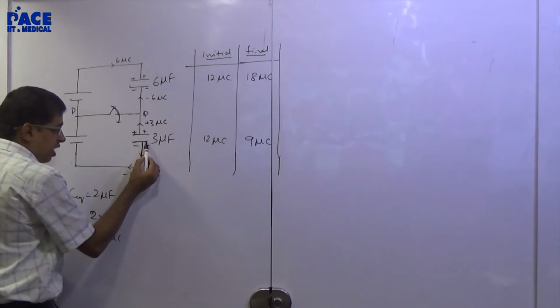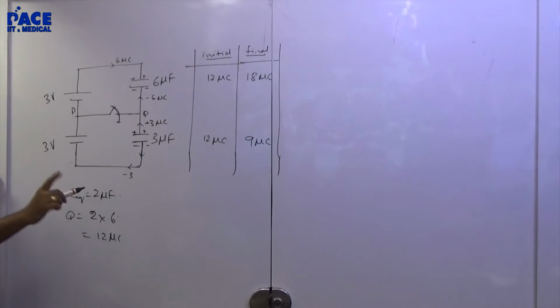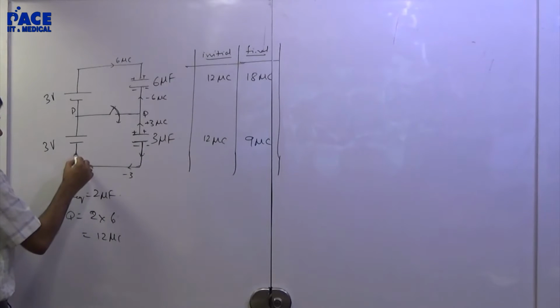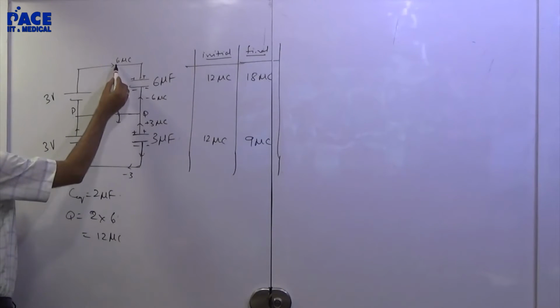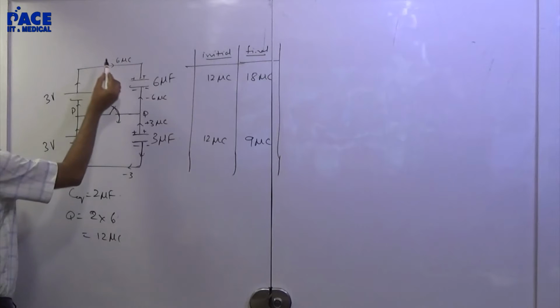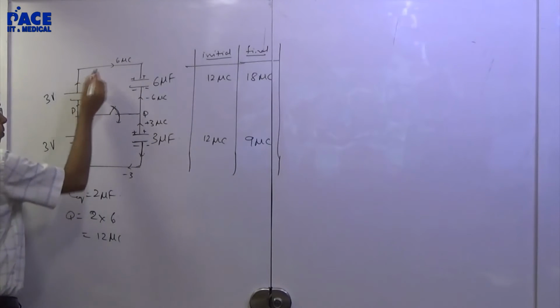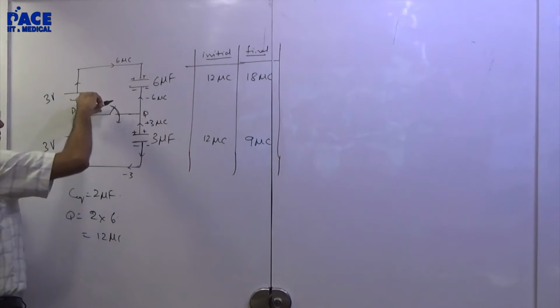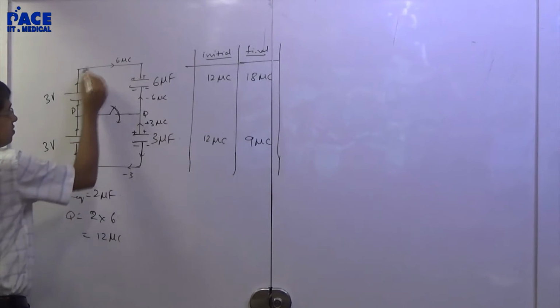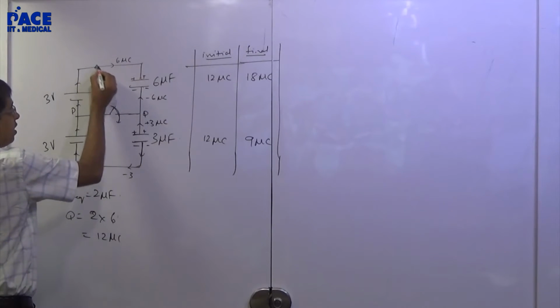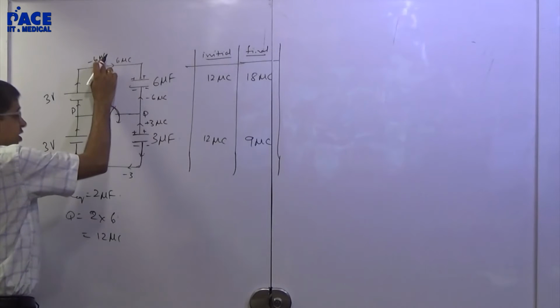These charges will be equal in magnitude. So minus 3 is coming over here, right? Plus 6 in this direction can be interpreted as minus 6 in the opposite direction.